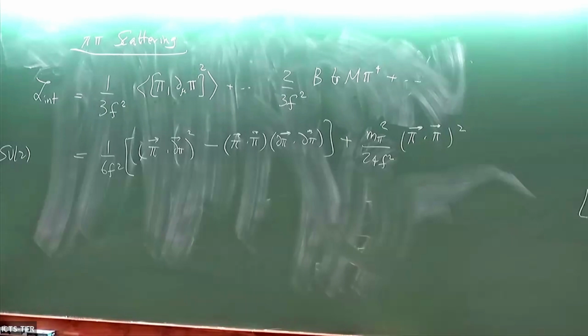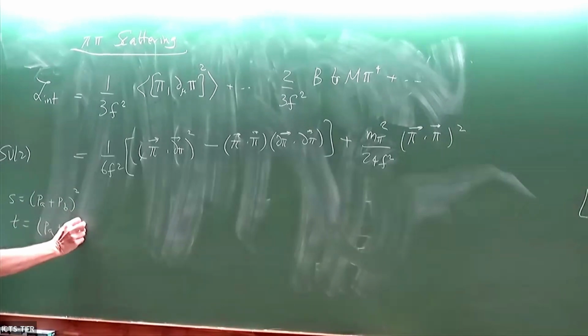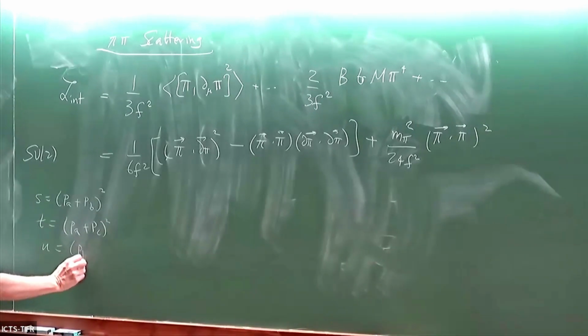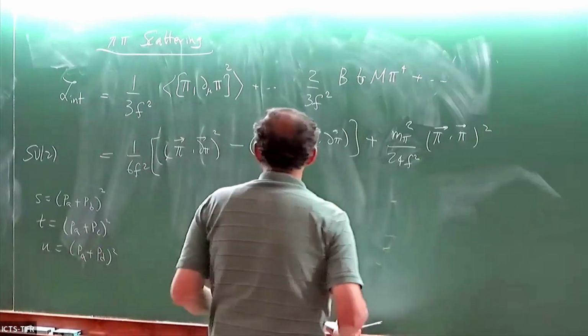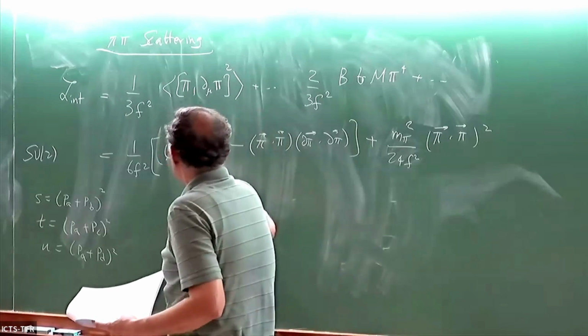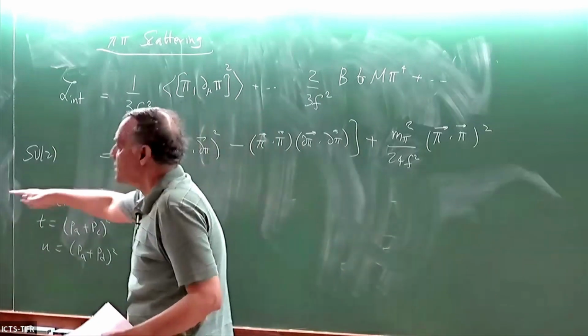And S is (PA plus PB) squared. T is (PA plus PC) squared. U is (PA plus PD) squared. You just take this matrix element. Okay, so it's a good exercise to just take this operator. You have the different ways of contracting things.